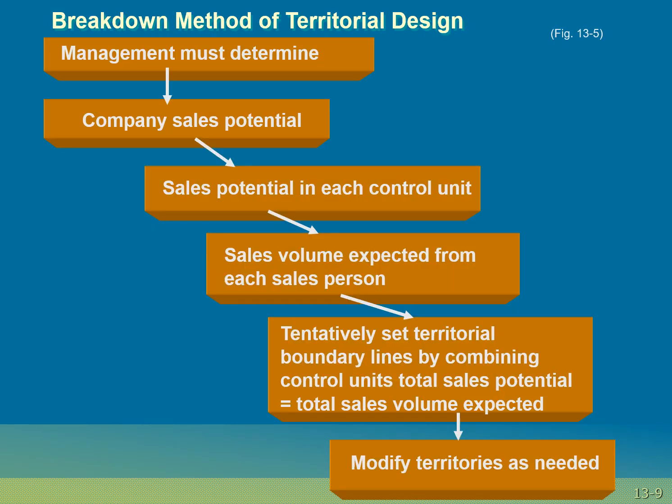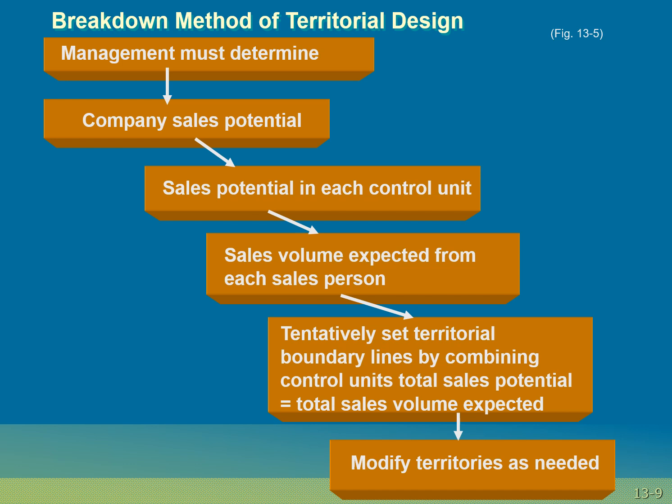Next is another way to design your territory, called the breakdown method of territorial design. One is build up, one is breakdown. As a manager, you must determine your company's sales potential. What is your total sales potential? Then, what's the sales potential in each control unit? Each state, each county, each city, what's the sales potential in that?